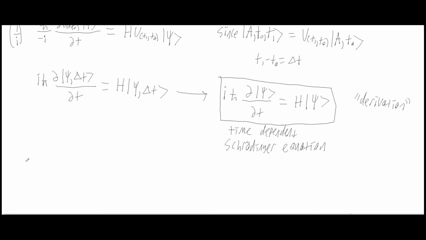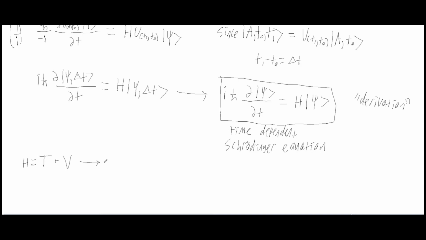And I will give a little sneak peek here. The Hamiltonian operator, which I said before is defined in classical mechanics as the kinetic energy plus the potential energy.